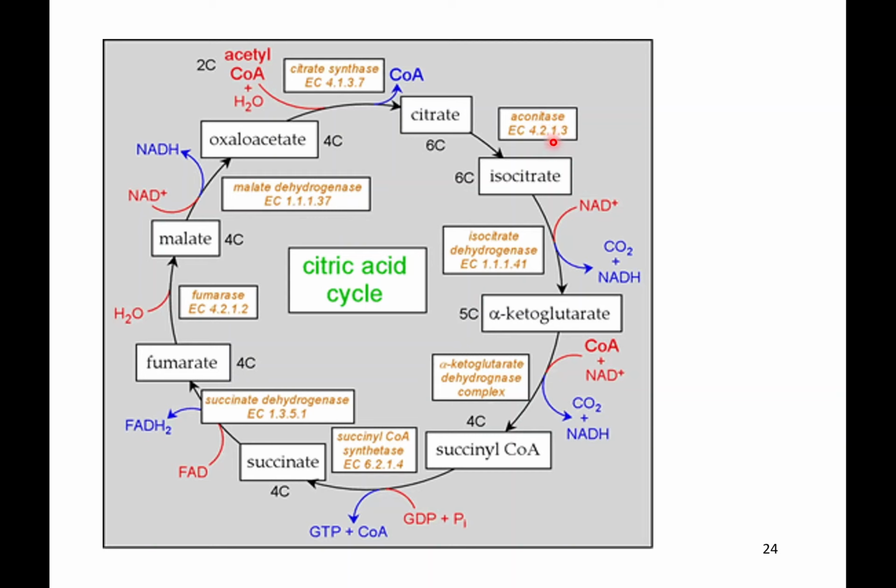So aconitase is class 4, so it's a lyase, similar to citrate synthase. And isocitrate dehydrogenase is class 1. It's an oxidoreductase. It catalyzes oxidation-reduction reactions, and so forth.